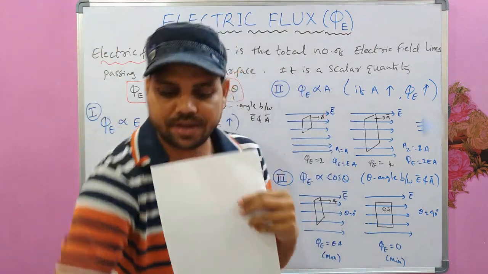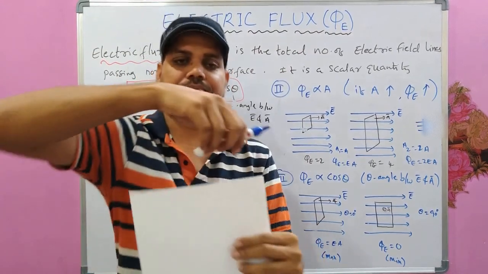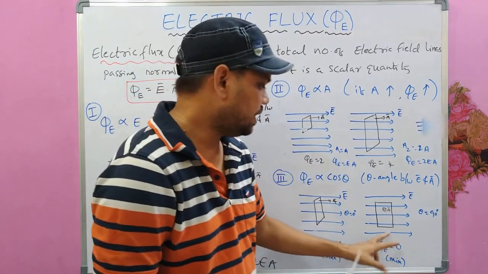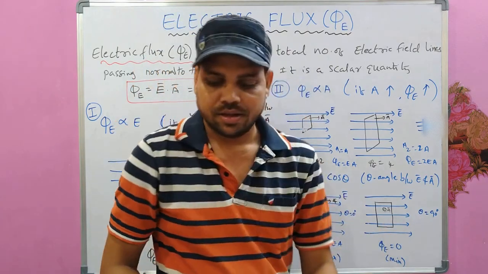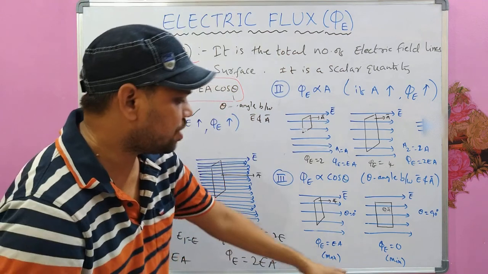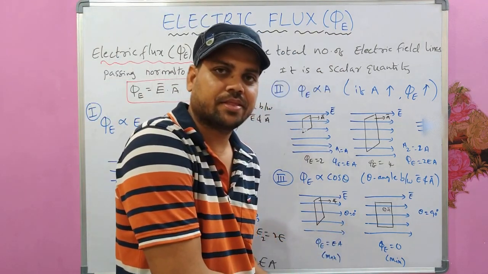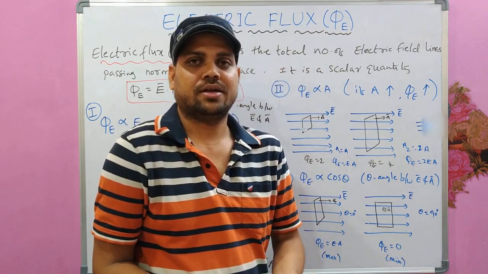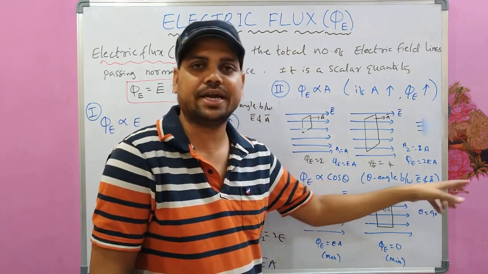A is this way, and the electric field is this way. So flux linked to this area now is 0. Now did you observe the value of electric flux? When theta is 0, it was maximum. When theta is 90, it is 0. It depends on the value of theta, the angle between electric field and area vector.